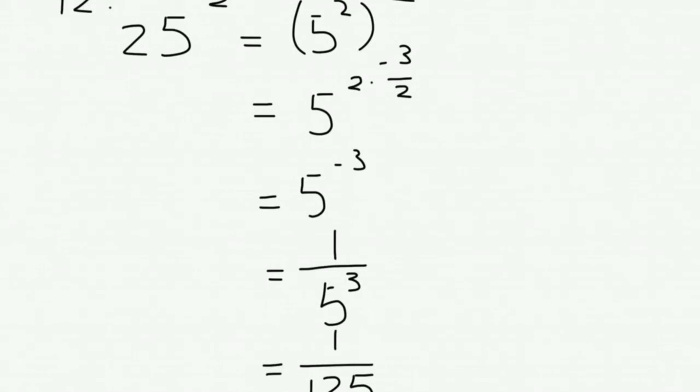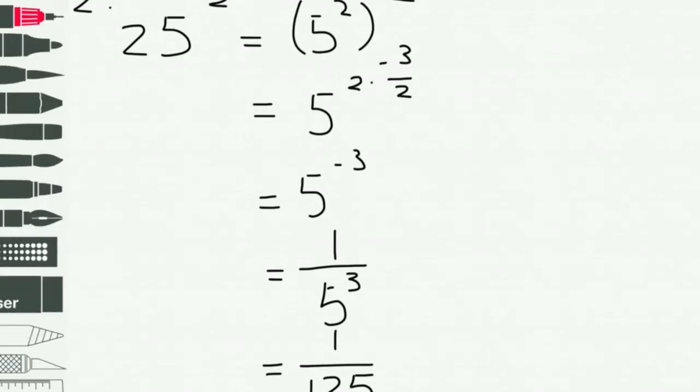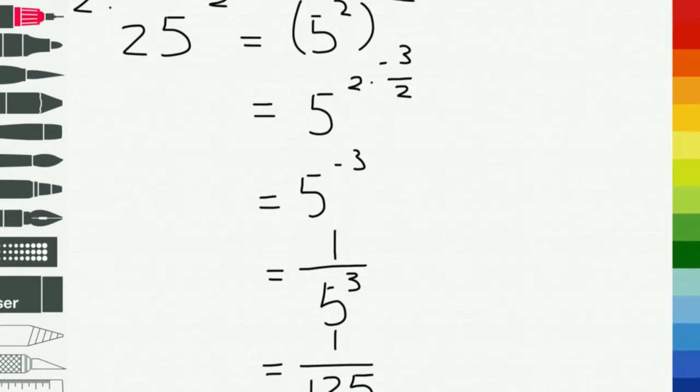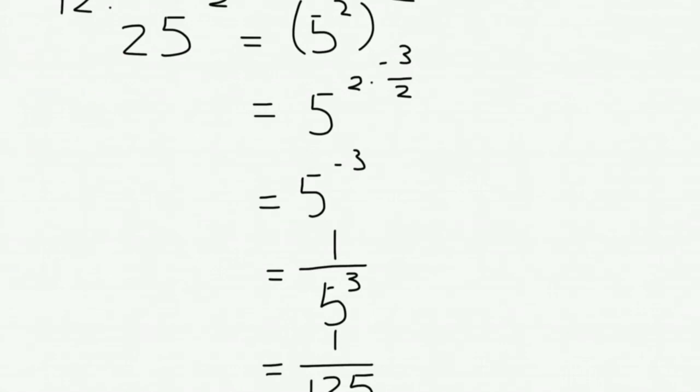Number 12, 25 raised to the negative 3/2 power. Again, we do not like to work with fractions, so think about a number you can convert to get rid of the 2. From 25, I can think of 5 raised to the 2nd power. With this 2nd power, the 2 divided by 2 can be reduced. 2 times negative 3 over 2 is negative 3.